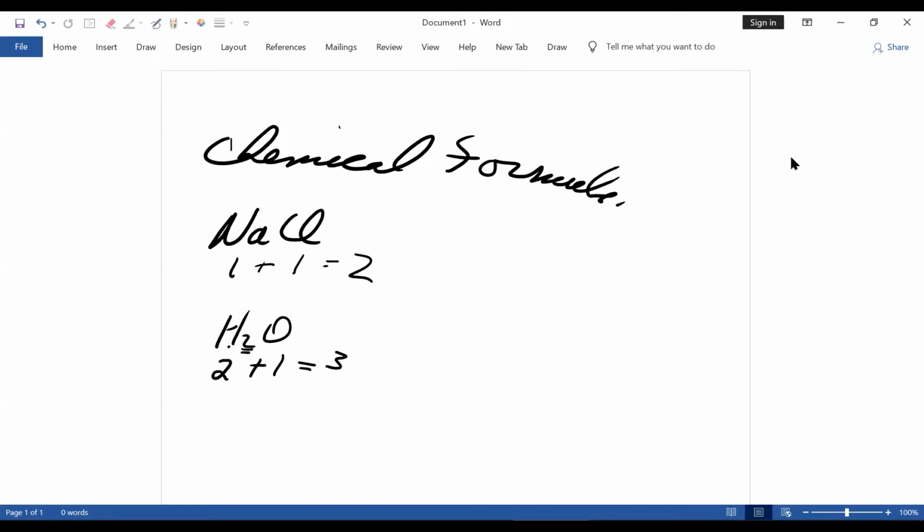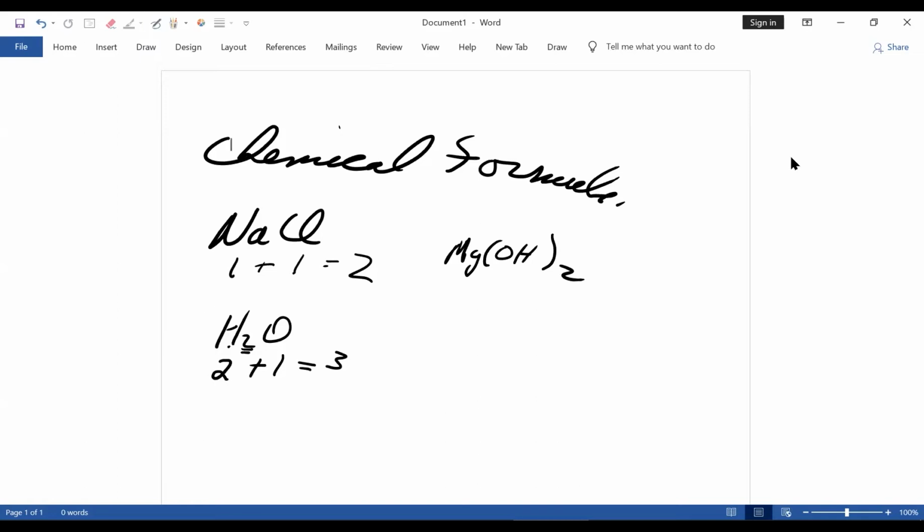Now, sometimes, and we'll learn more about this for chapter 2, or test number 2, elements have what's called complex ions, polyatomic ions. And this would be an example.